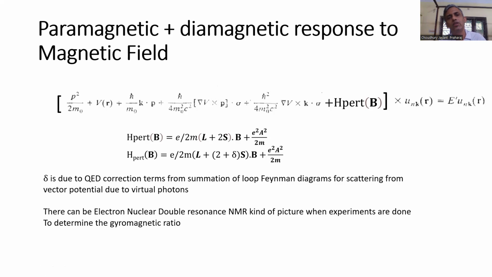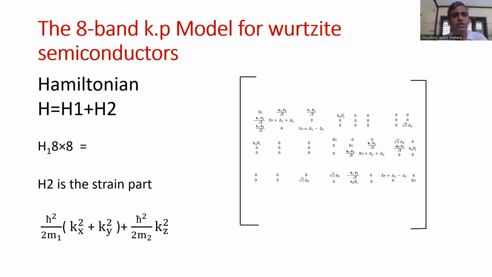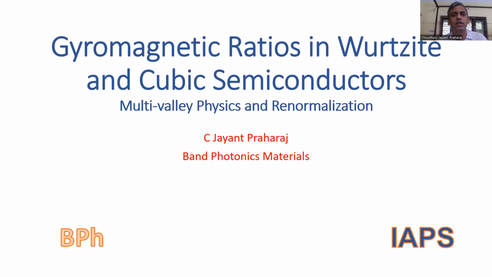That can change the overall response to the magnetic field and can affect the gyromagnetic ratio as well. So that covers the basic physics of gyromagnetic ratios in wurtzite and cubic semiconductors with many-valley physics and renormalization. Thanks.